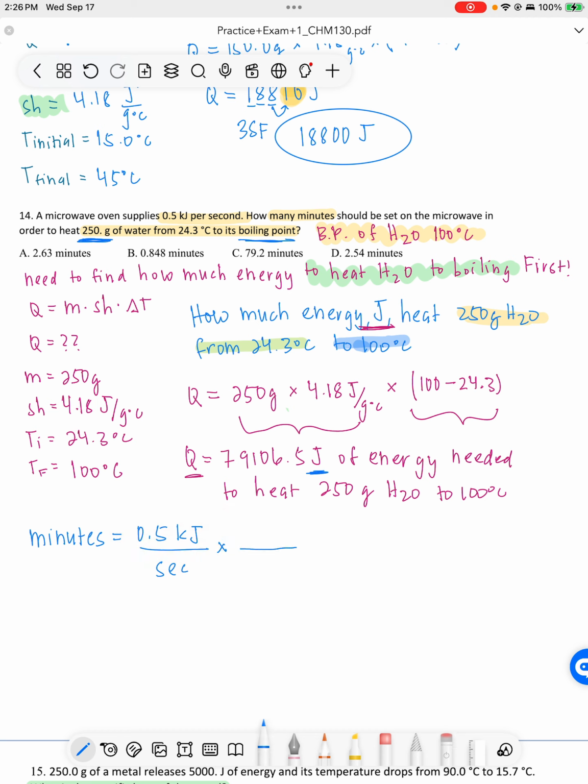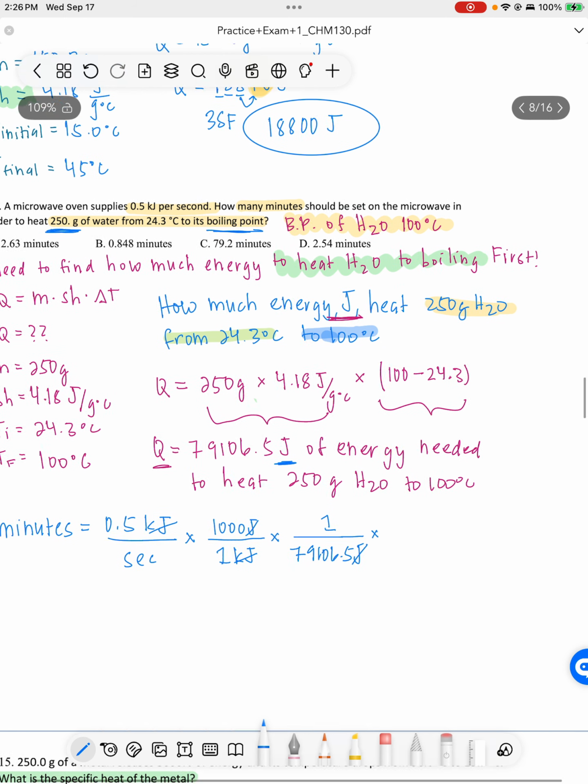So we know there are 1,000 joules in 1 kilojoule, and that takes care of my kilojoules. But we want minutes, so we have joules on top, seconds on bottom. How can we get rid of joules? Well, we're going to put in the number we found, because that's the only number we have that has joules in it, so we can cross that off now. And that's not a conversion factor, that's just something that we had to find.